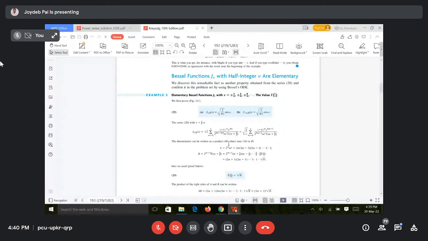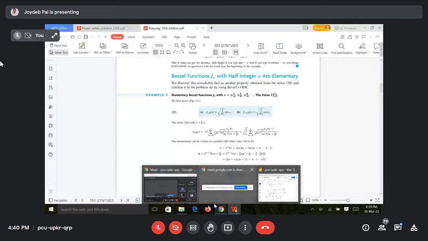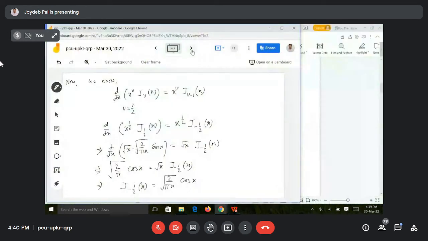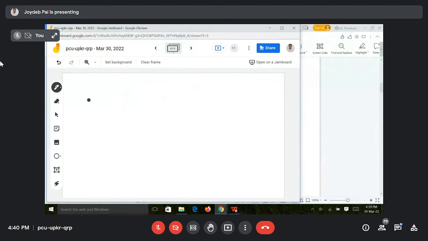Fine. Now by using this J half and J minus half, someone can ask what will be J of 3 by 2x or J of minus 3 by 2x. By using J half and J minus half, you can find J 3 by 2, J minus 3 by 2.